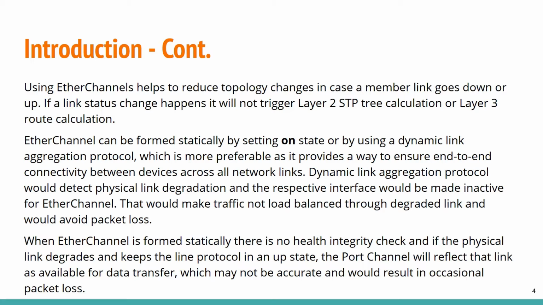That would keep traffic from being load balanced through the degraded link and would avoid packet loss. When EtherChannel is formed statically, there is no health integrity check, and if the physical link degrades and keeps the line protocol in an up state, the PortChannel will reflect that link as available for data transfer, which may not be accurate and would result in occasional packet loss.